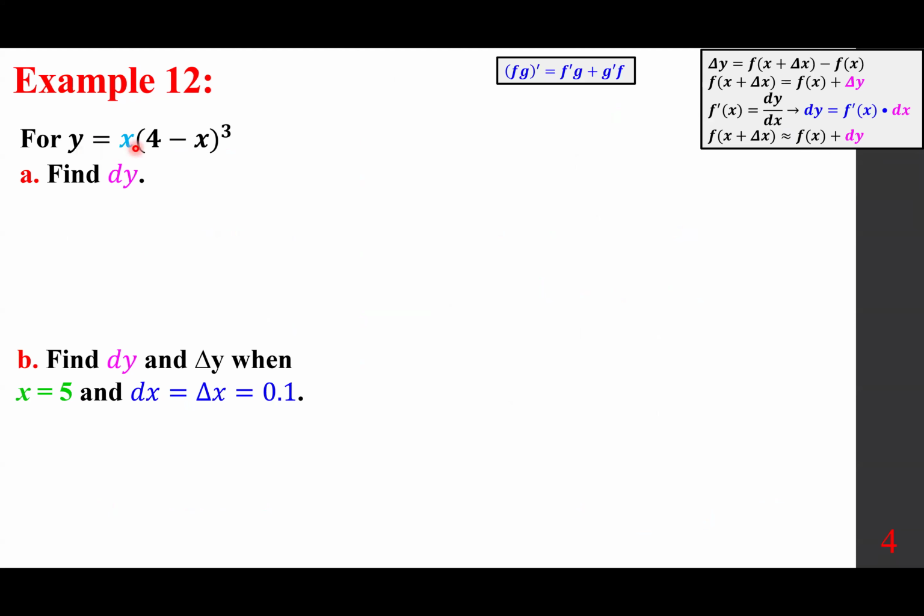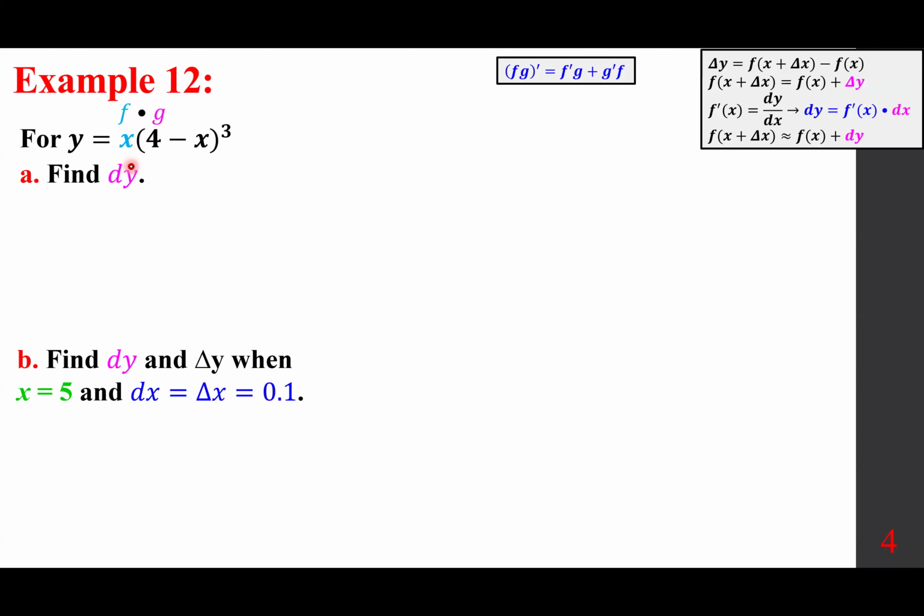For y equals x times 4 minus x cubed, find dy. The moment you hear dy, just ignore it and find, in this case, because x is the independent variable, f prime of x or dy dx. And we're going to go with the product rule, obviously, because it's f times g, f is x, and g is 4 minus x quantity cubed.